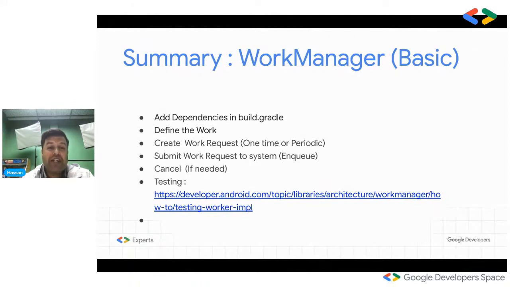But it cannot guarantee that it will run in the specified time. It all depends on Android OS and your conditions, and the whole idea here is to conserve your battery. That's why it will intelligently schedule your job to make sure your battery is always conserved, and you're not giving a bad experience to users of your app.